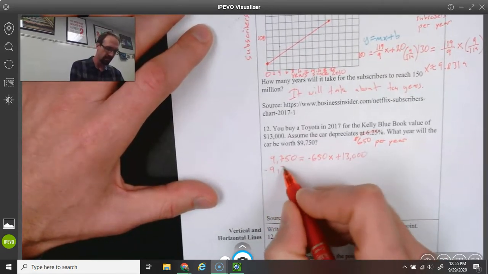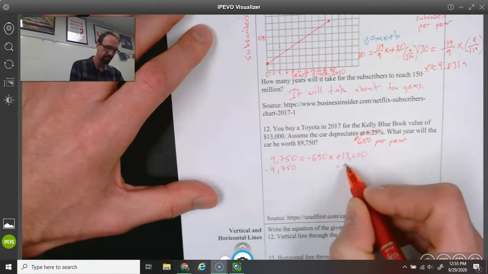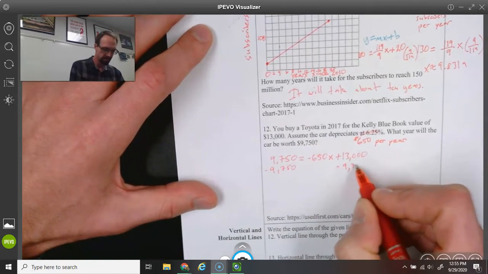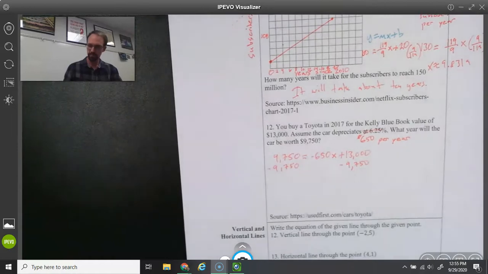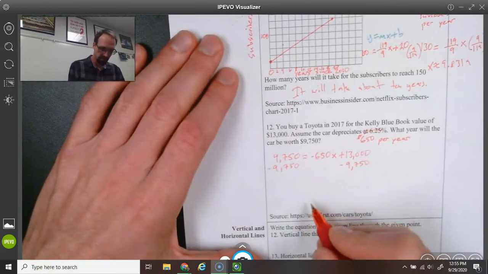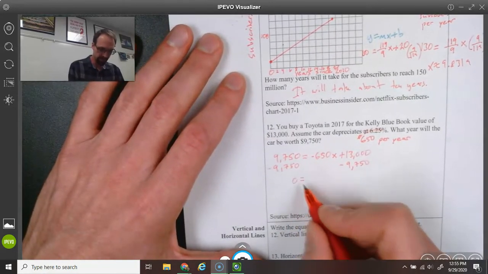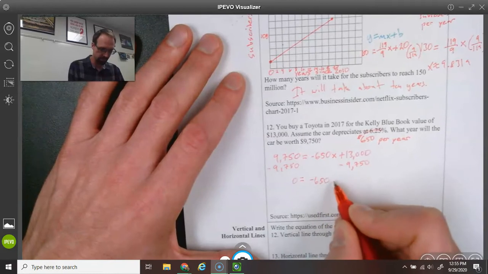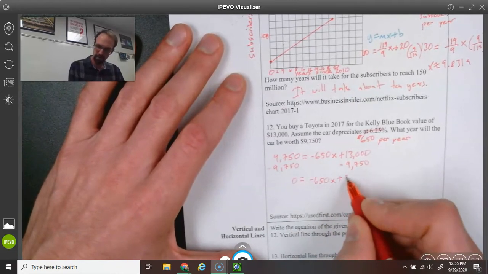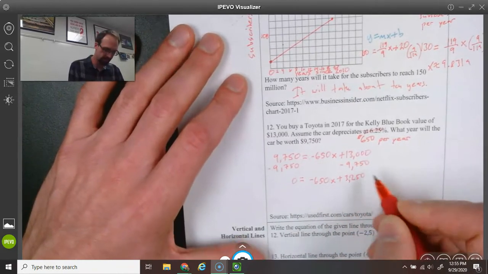Subtract 9,750 from both sides. And so I get 0 equals negative 650x plus 3,250.